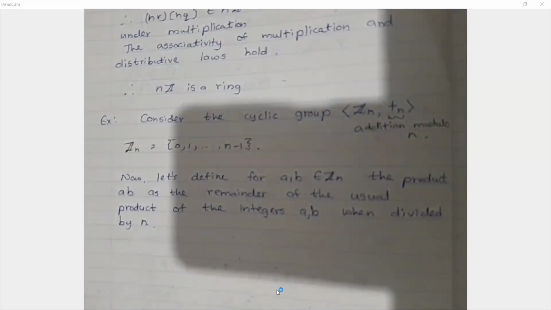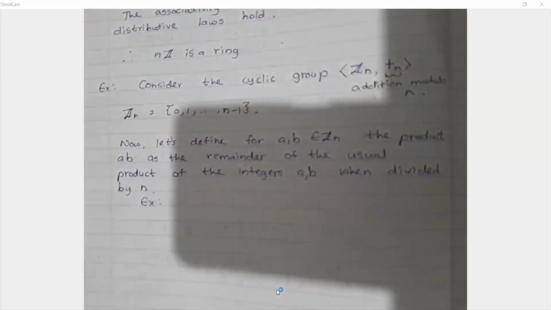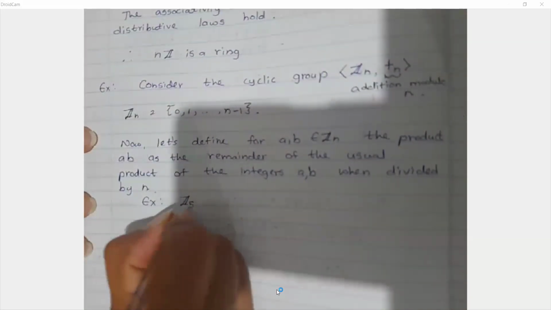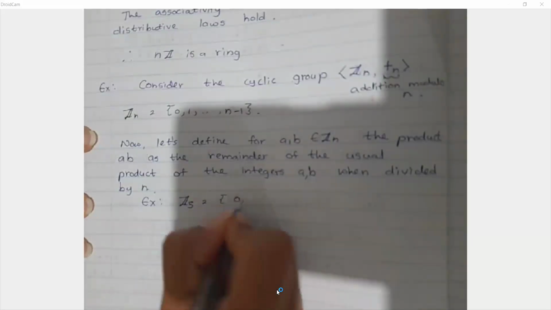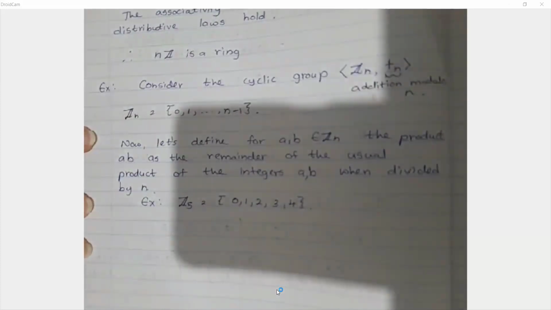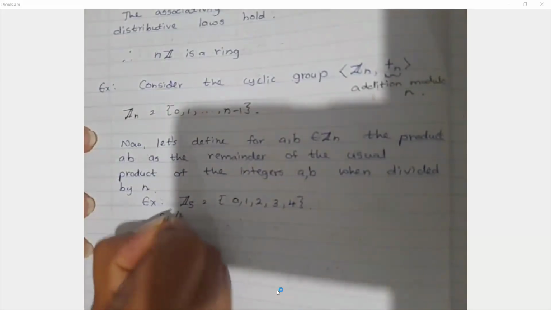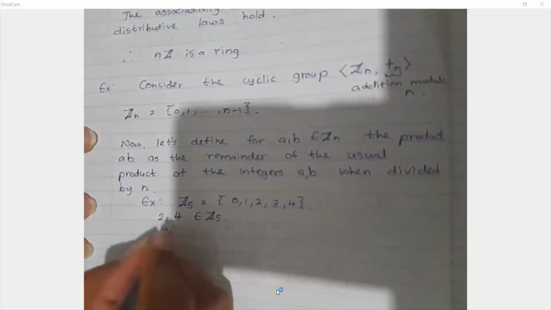And we can see that Zn is closed under multiplication. What does this all mean? Let's take a look at one example and see why we can do this for the general case as well. If I take Z5, this contains elements 0, 1, 2, 3, 4. Let's take 2 and 4. How do we define the product 2 times 4?